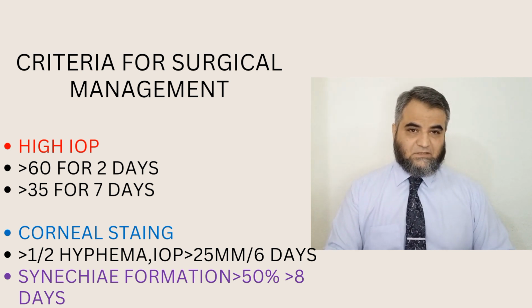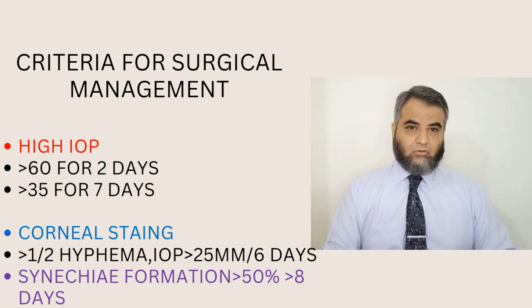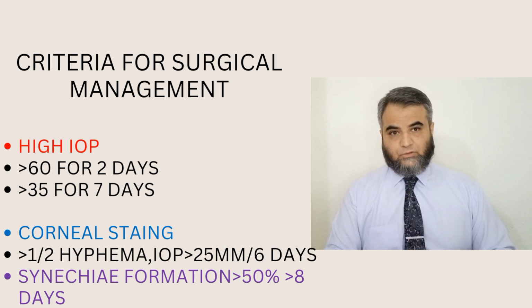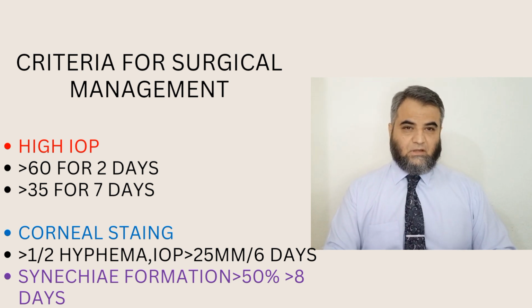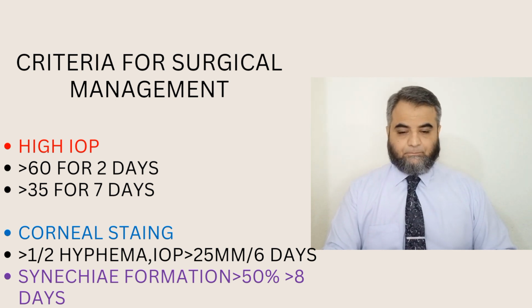There are some statistics. For example, if the intraocular pressure is more than 60 for 2 days and more than 35 for 7 days, this is an indication for surgical management.